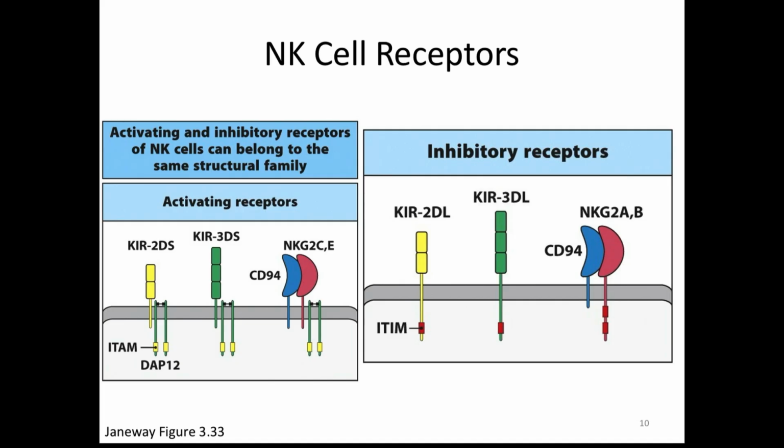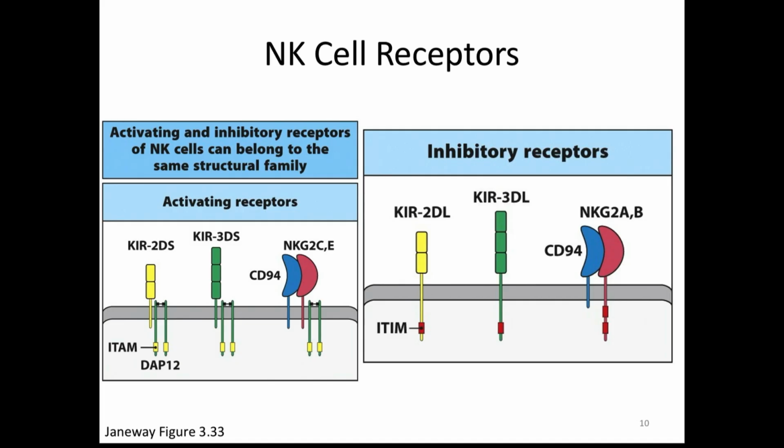It was in the CD79A and B, it was in CD3. It's involved in activating signals for different kinds of receptors. And so it's not a surprise that we see the ITAM with the NK activating receptors. In fact, the A in ITAM stands for activating.